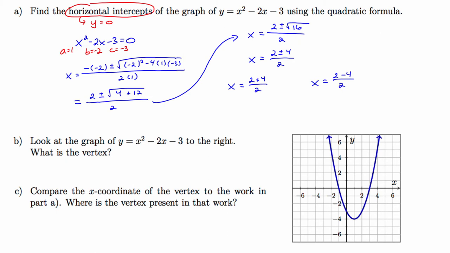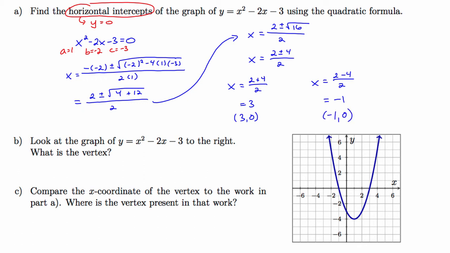In the first case, 2 plus 4 is 6, and 6 divided by 2 is 3. In the case where x equals 2 minus 4, all divided by 2, 2 minus 4 is negative 2, and negative 2 divided by 2 is negative 1. So we will have x-intercepts of 3, 0, and negative 1, 0.